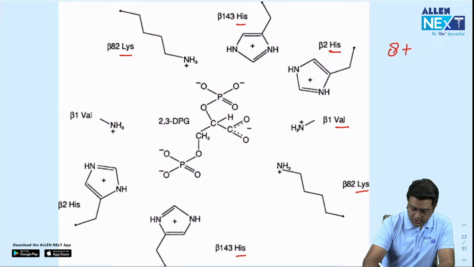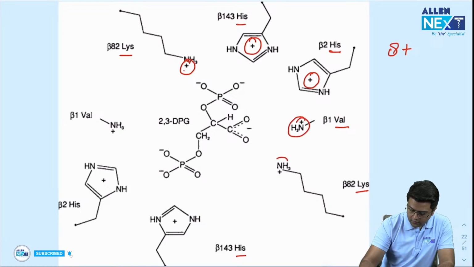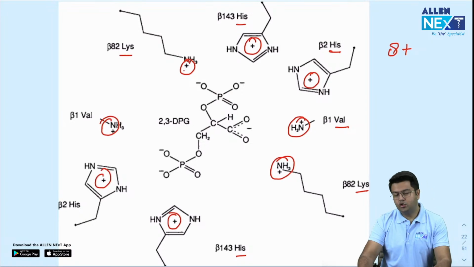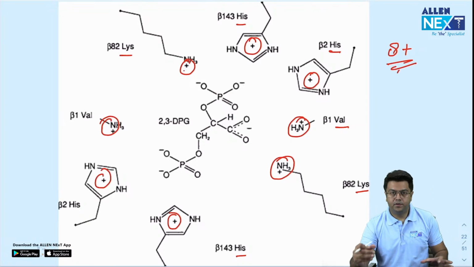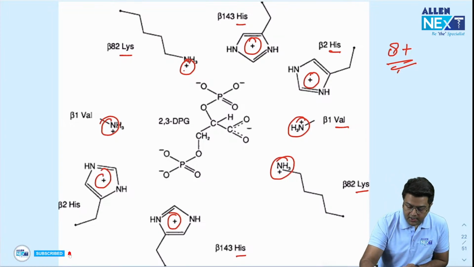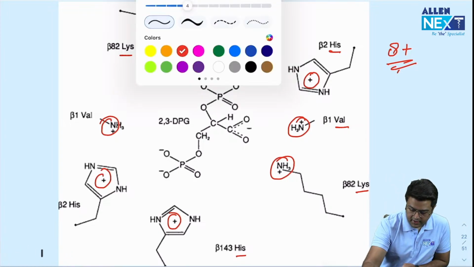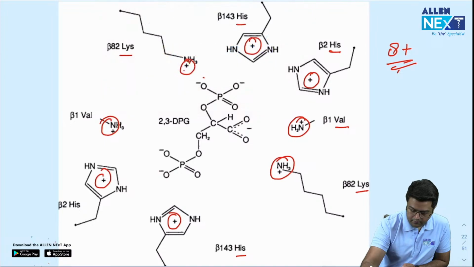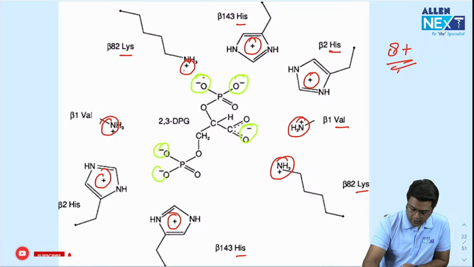If you count, first charge, second, third, fourth, fifth, sixth, seventh, and eighth. So a total of 8 positive charges are present in these two beta subunits, and 2,3-BPG has 5 negative charges: 1, 2, 3, 4, and 5.